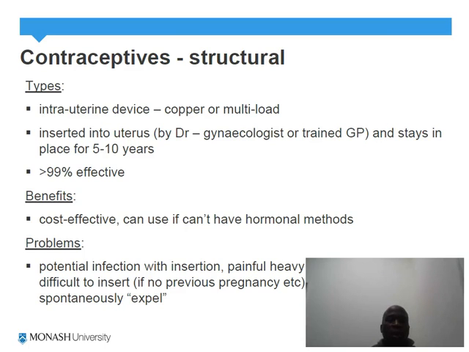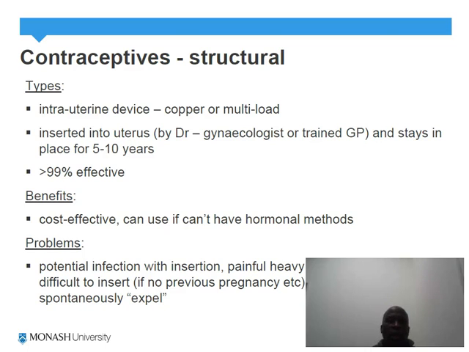Let me talk a little bit more about the intrauterine device. Basically, it's made out of copper or many other materials. It is inserted in the uterus and stays in place for 5 to 10 years.